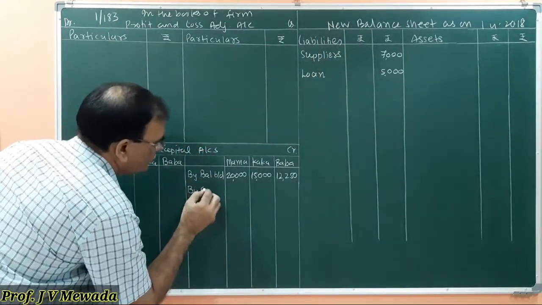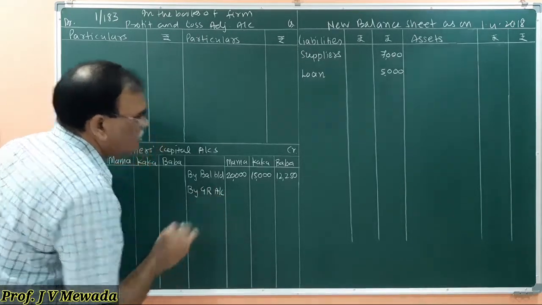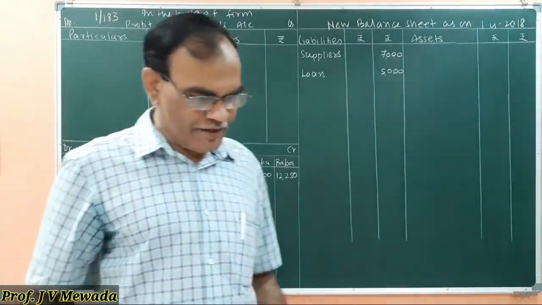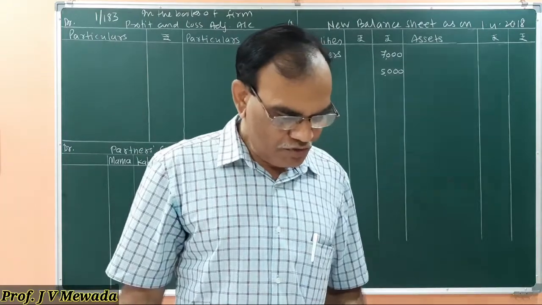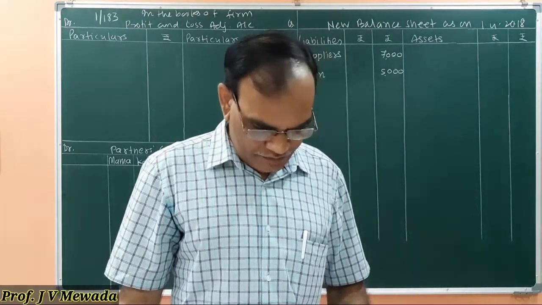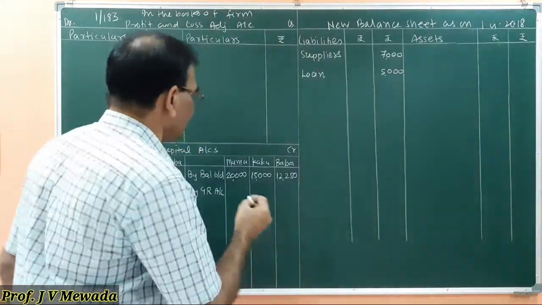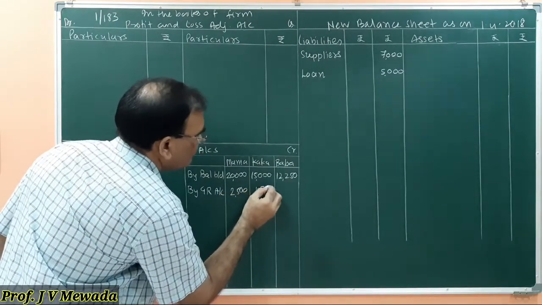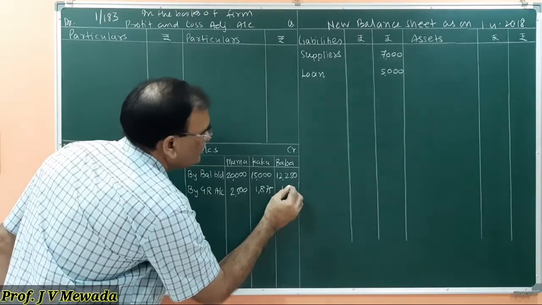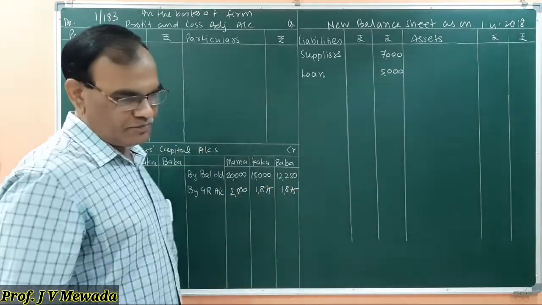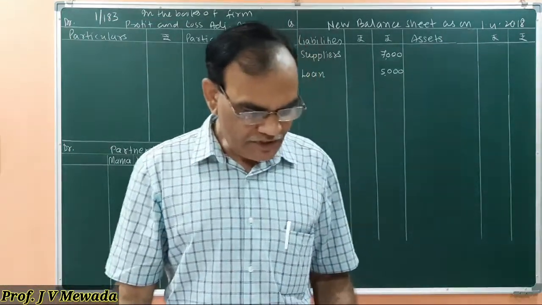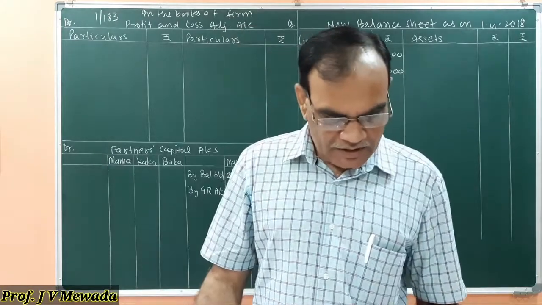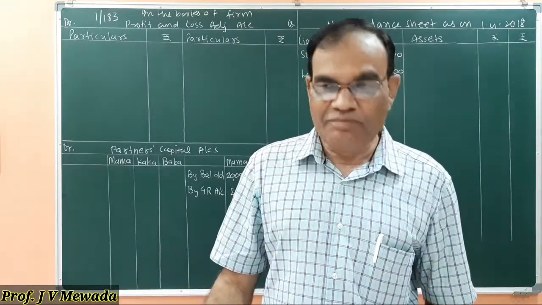So by general reserve account, whatever amount is there, that we are going to transfer in the ratio of 4:3:3, that is 2,500, 1,875, 1,875. Okay, then the liability side is over.